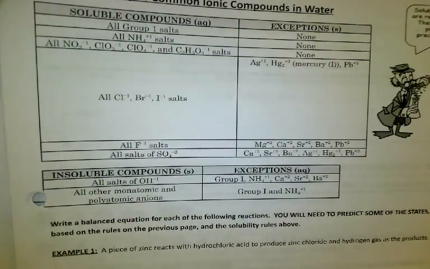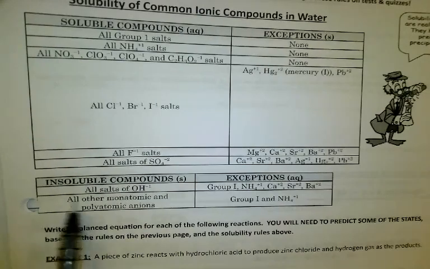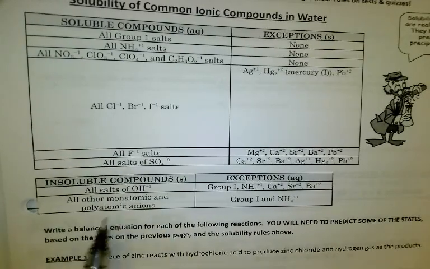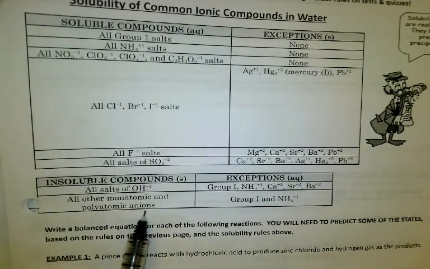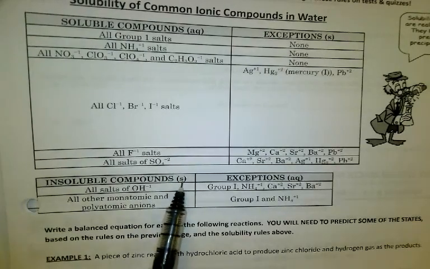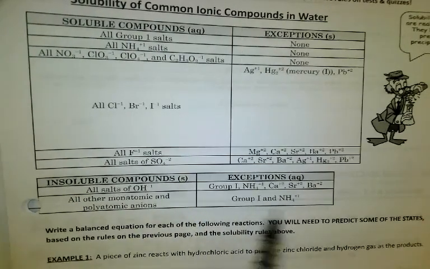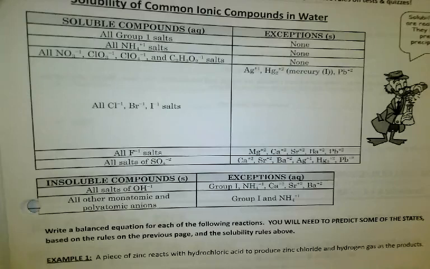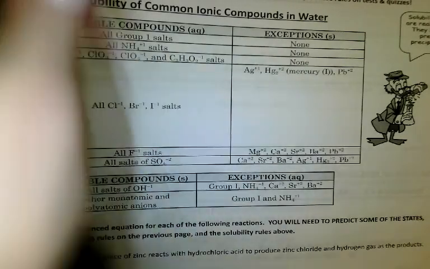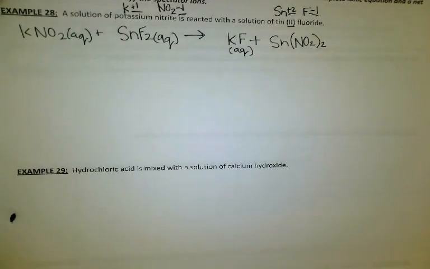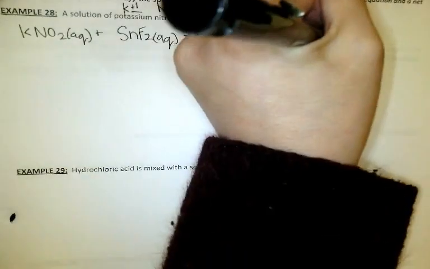It says all other monoatomic and polyatomic anions, that includes nitrite, are solids unless bonded with group 1 and ammonium. Now in this case, it's not bonded with group 1 or ammonium. So that means that tin nitrite is what? A solid.